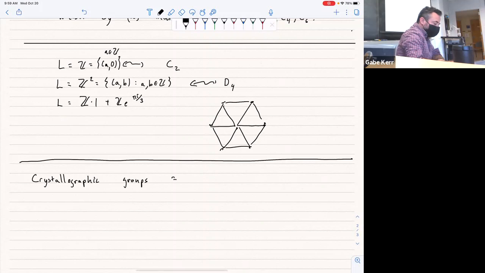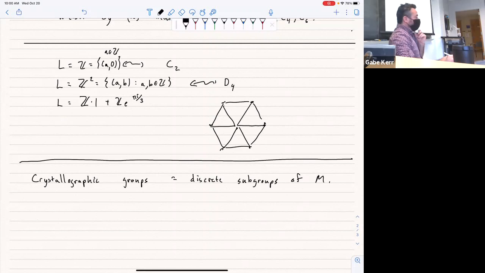So these are going to be discrete subgroups of isometries. And in the case we've been dealing with, namely the plane, they're two-dimensional. The point is, these will describe symmetries of these types of tilings.